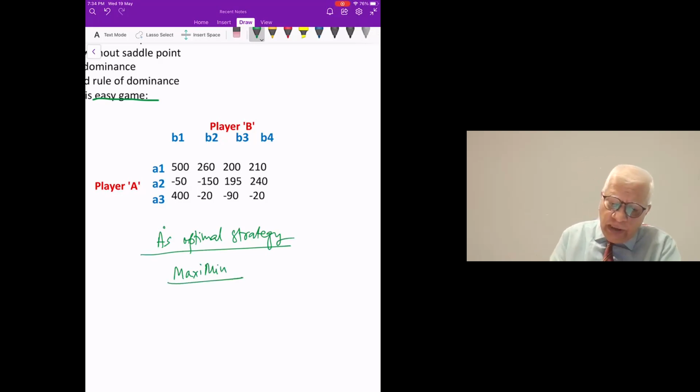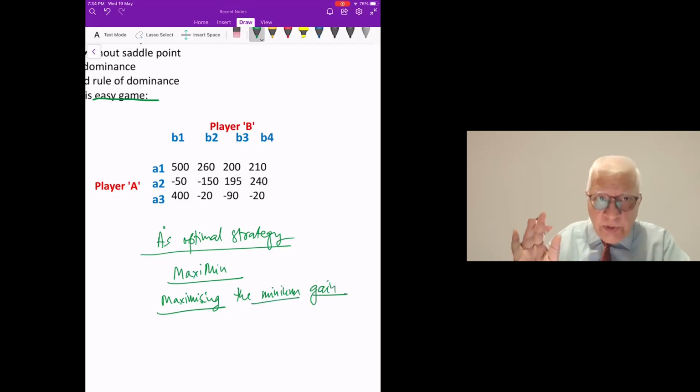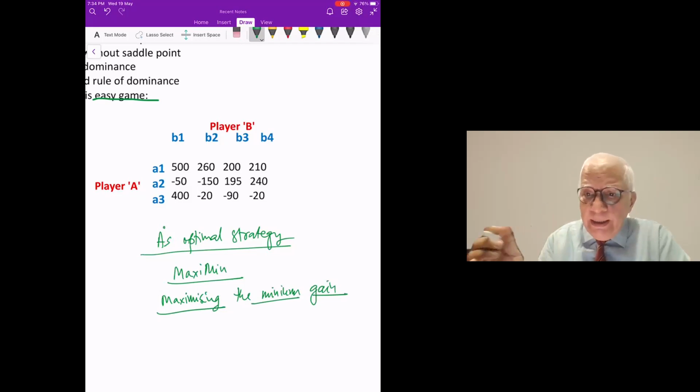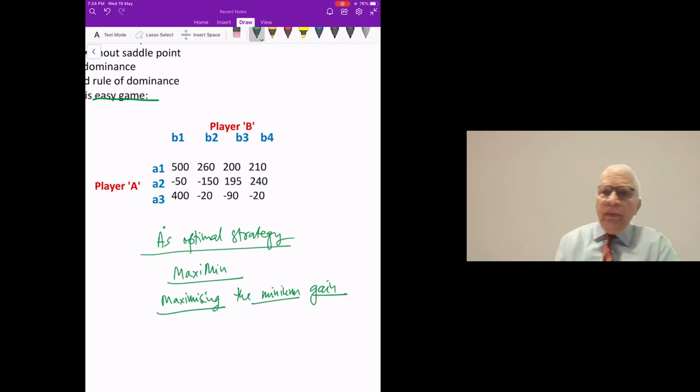Maximin stands for maximizing the minimum gain. So he has various strategies at his command, such as A1, A2, A3. He examines A1. From strategy A1, the payoffs are 500, 260, 200, 210, the first row in the matrix.